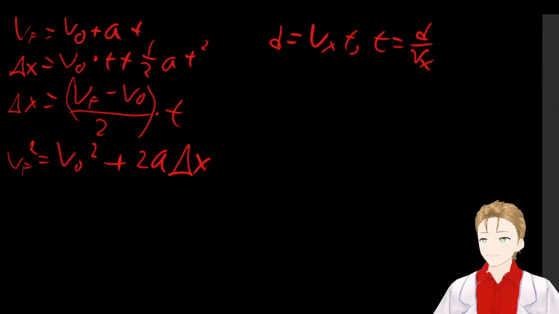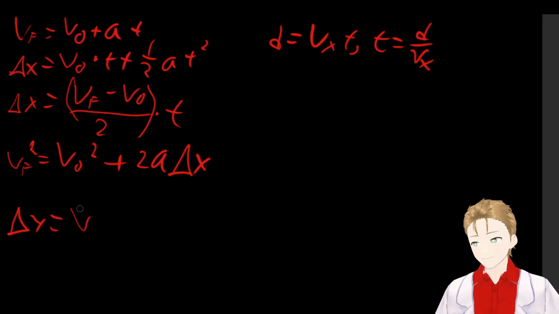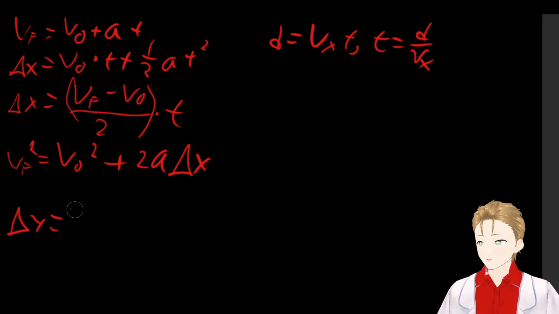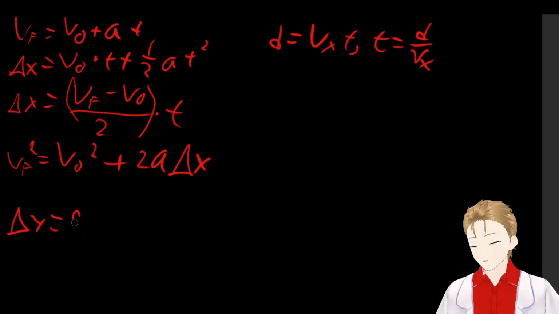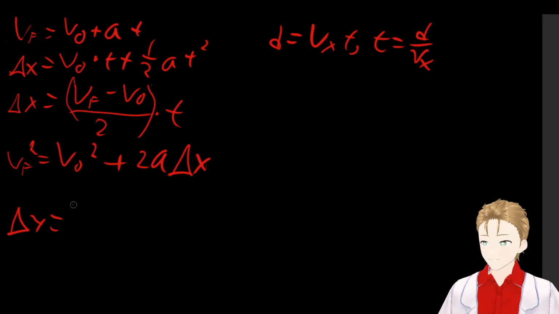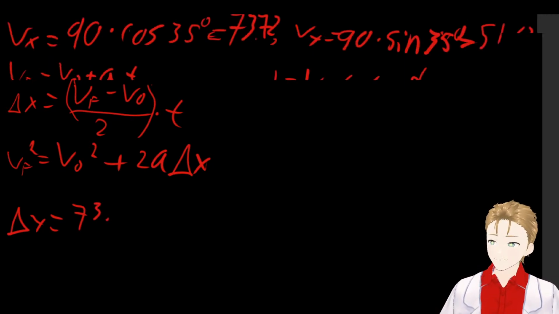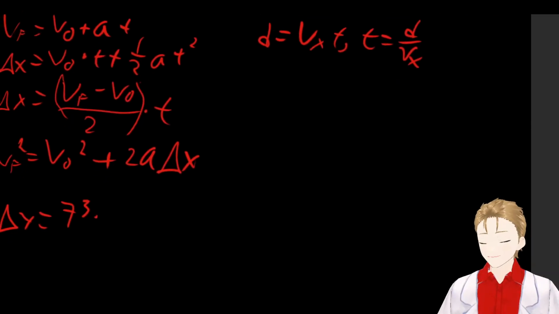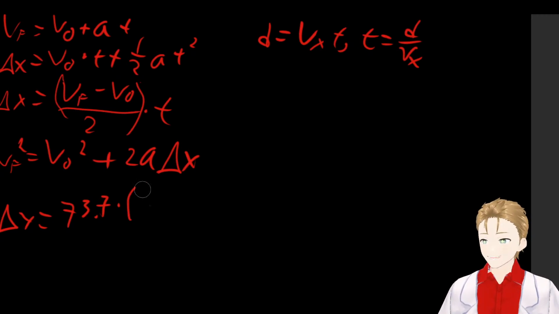We're gonna try the delta y. 3.72 times... if we replace that, we get D of an x. Oh boy.